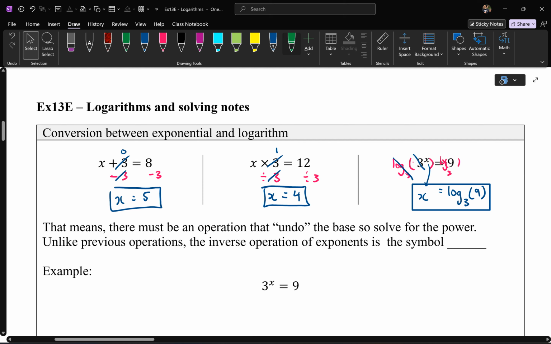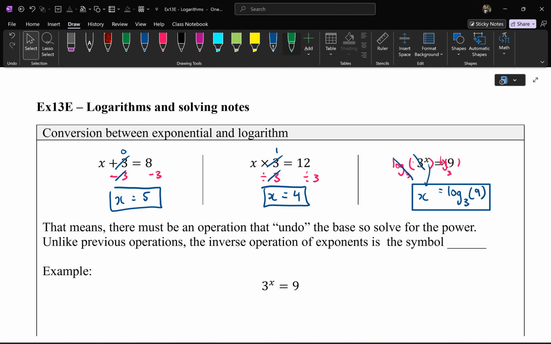So, what does that mean? That means there must be an operation that undoes the base to solve for the power. Unlike previous operations, the inverse operation of exponentials is the symbol log.